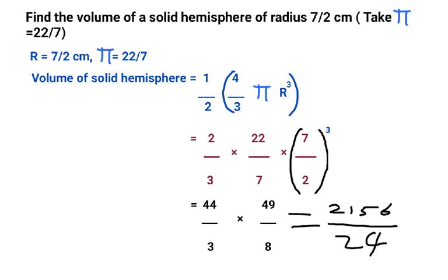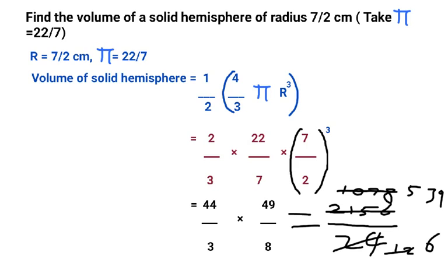When we divide, 2 into 24 gives you 12. 2 into 2156 gives you 1078. 2 into 1078 gives you 539, while 2 into 12 gives you 6.